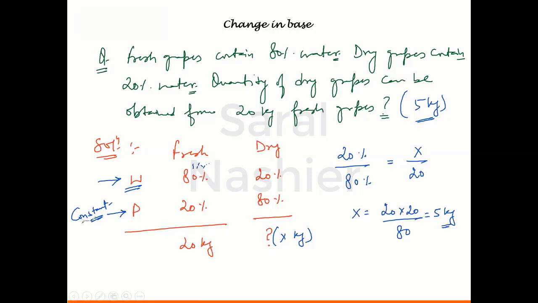Because if you start working on water, I cannot use this process there, because the quantity of water is changing. I told you you can use this concept only when the quantity remains constant. So here I could use it on pulp only because the quantity of pulp remained constant. Had water remained constant, I would have worked on water. Because pulp remained constant, therefore I worked on pulp.